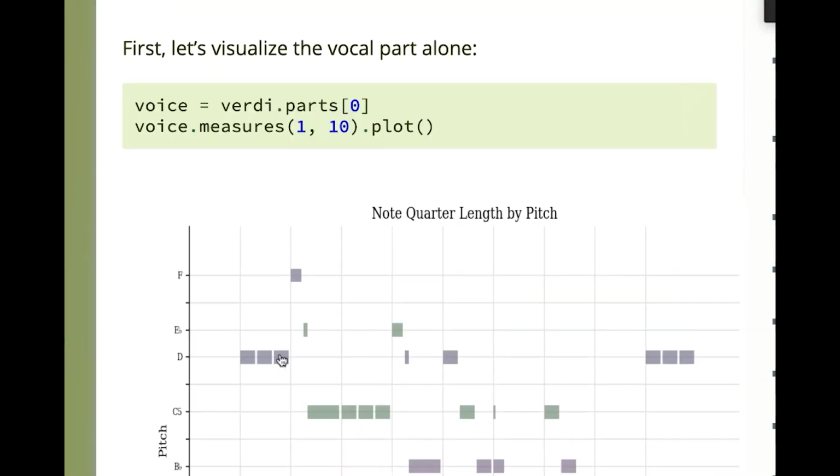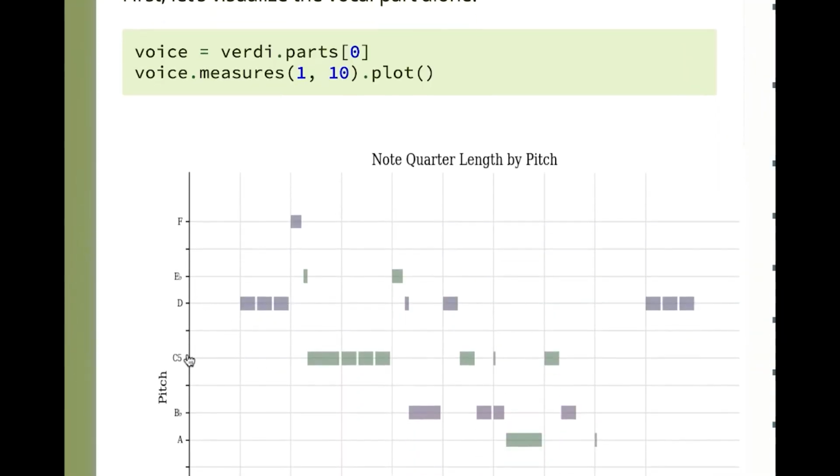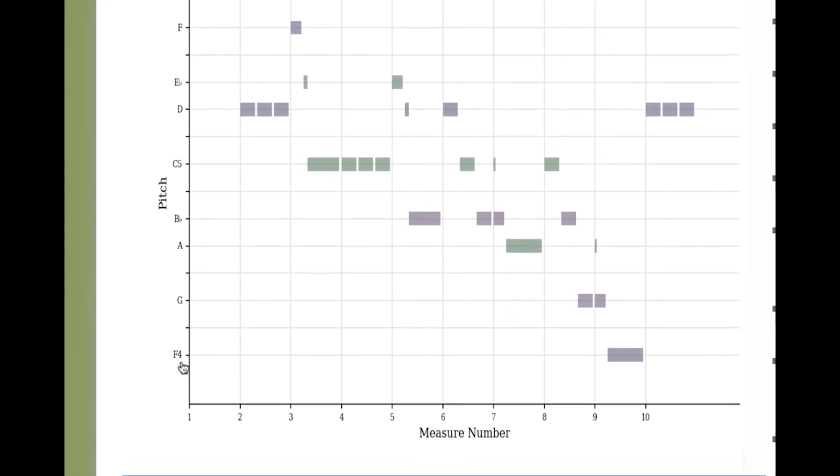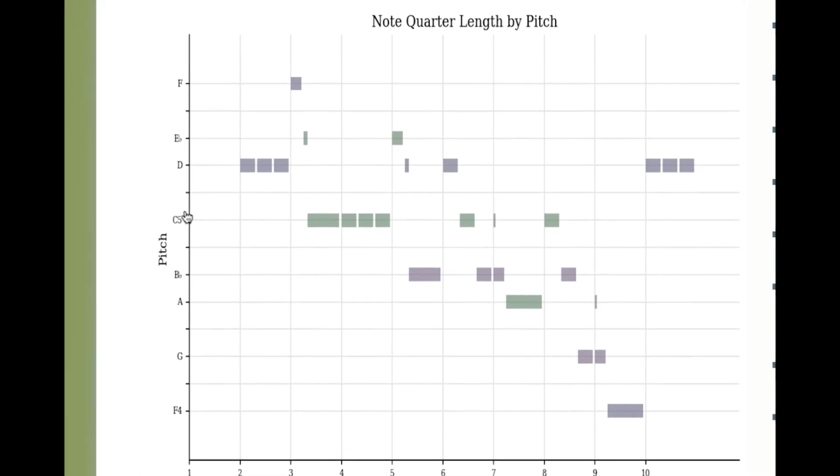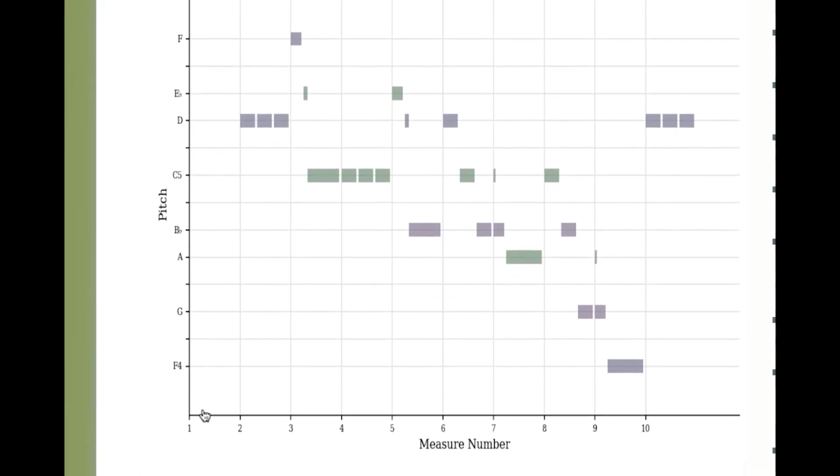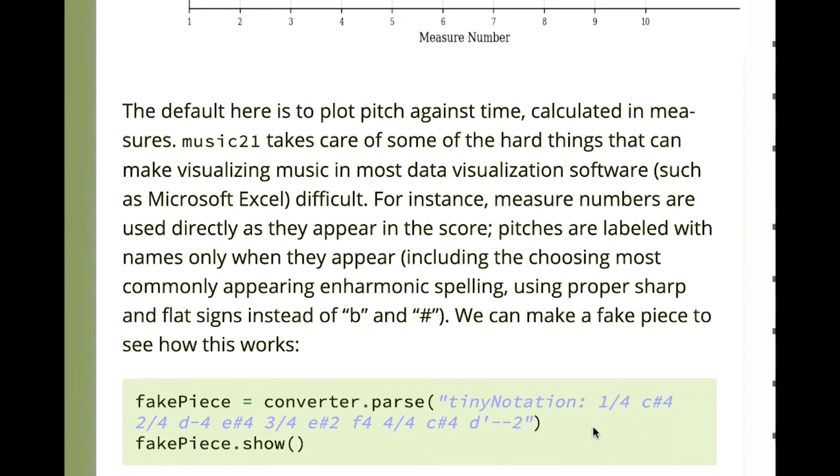For instance, the pitch will have octave marks just on the C's or wherever something is. It will have correct flat signs or sharp signs and choose the right accidental for what's happening here. And things will be plotted by measure, even if the measures are difficult to deal with.